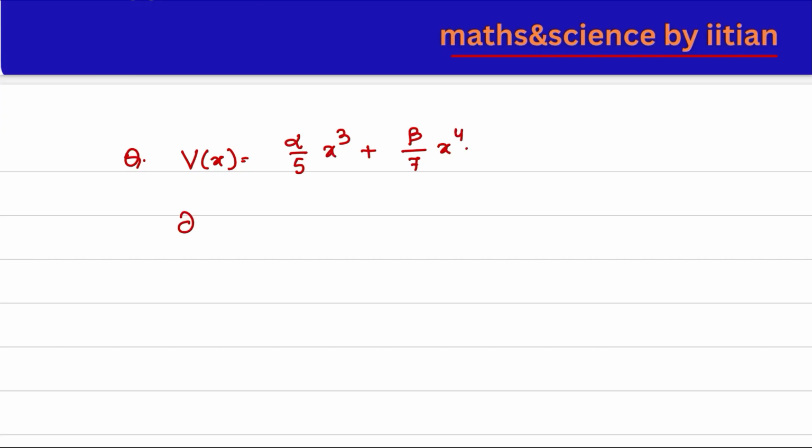Then what is the value of dou V(x) by dou x? That is equal to d by dx of V(x). Rather we can write this way also. Let us take the differentiation of this.